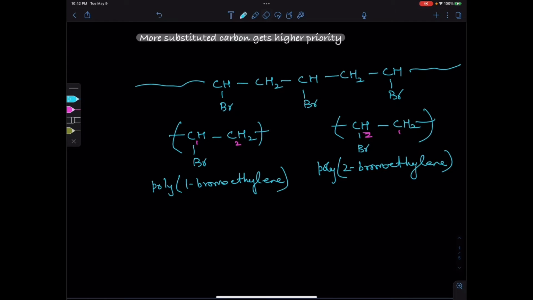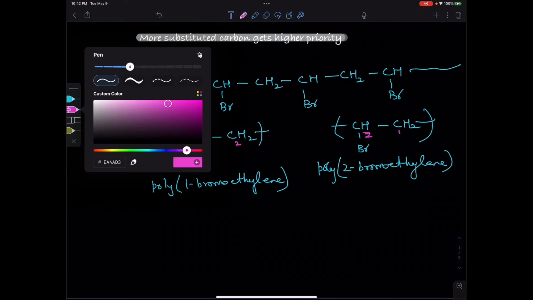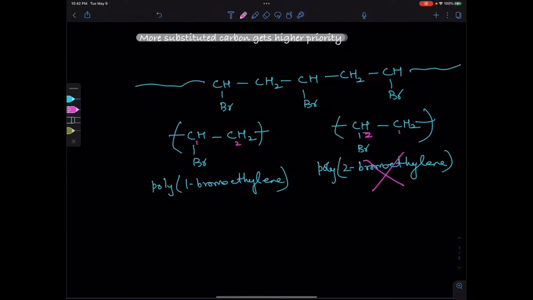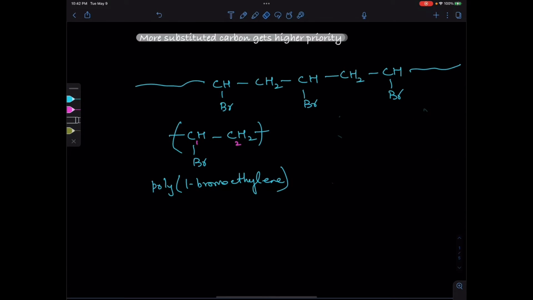The rule says the more substituted carbon gets higher priority, which means the more substituted carbon gets a lower number. So this is incorrect and this is correct. So the answer is poly 1 bromo ethylene.